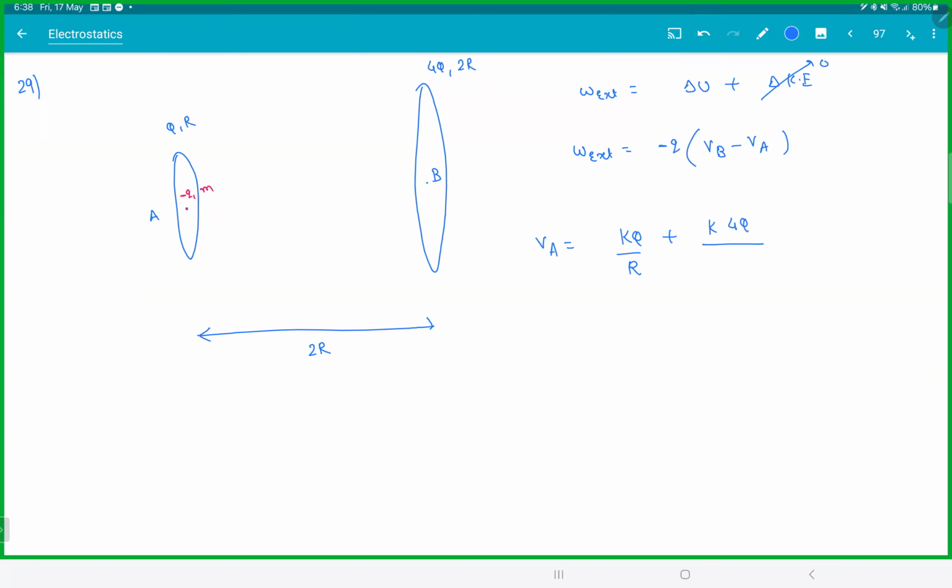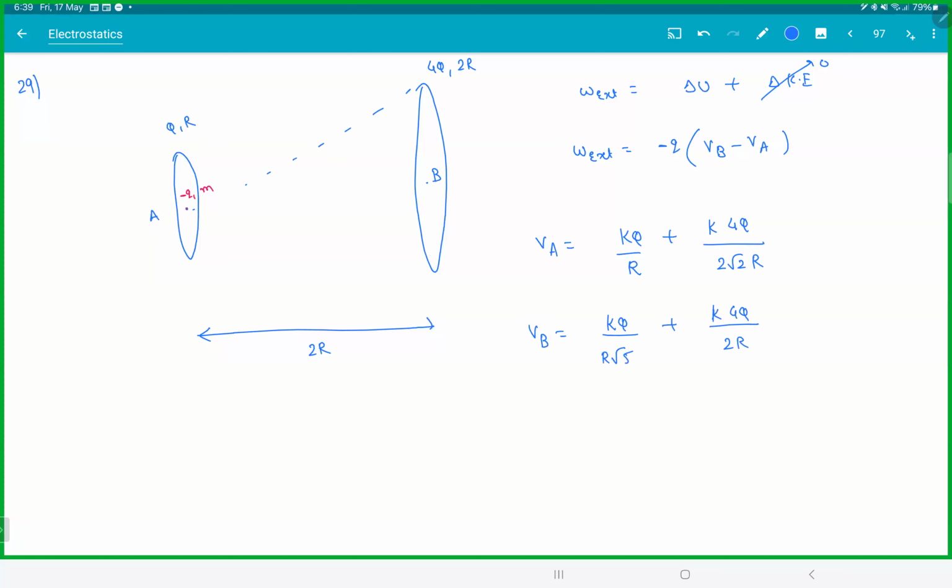So K 4Q by this distance will be how much? 2R, 2R, 2R, 2 root 2R. That is the potential at A. The most common mistake: you forget the potential due to the other ring. So potential at B will be KQ by this distance, which is R root 5, plus K 4Q by 2R. Done. Substitute and you'll get the answer.